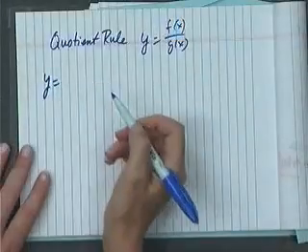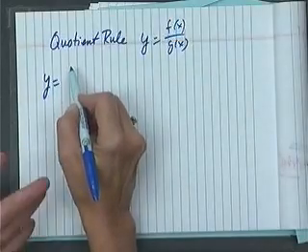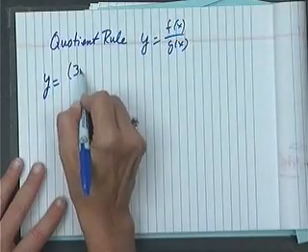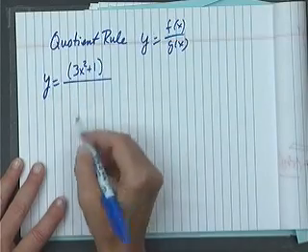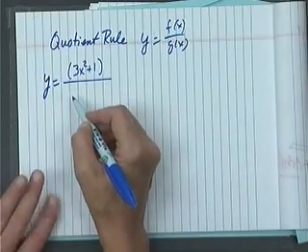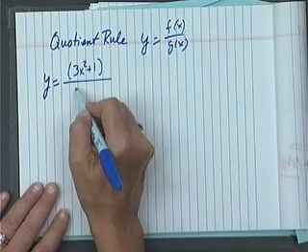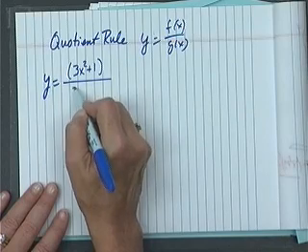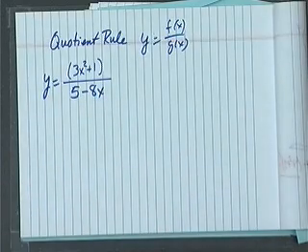All right, so let me make up a problem, one that's not too terrible for our first example. Just do what it says. 3x squared plus 1 over 5 minus 8x. Not too bad, right?